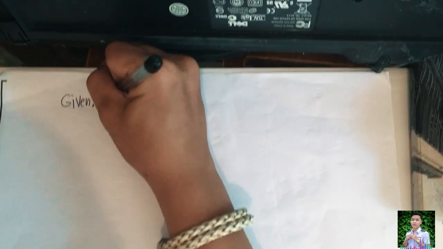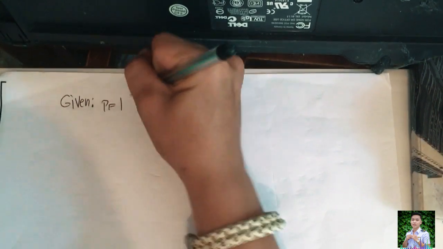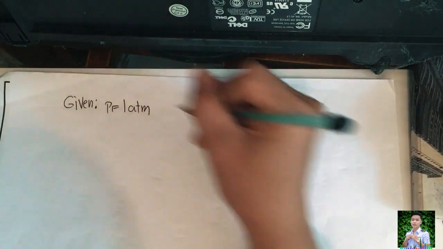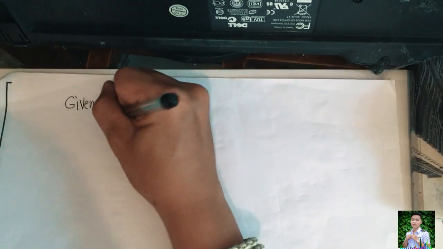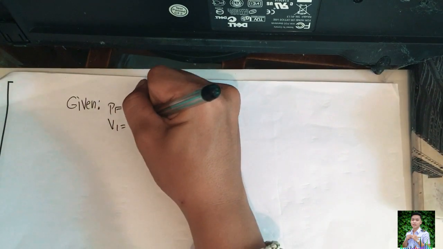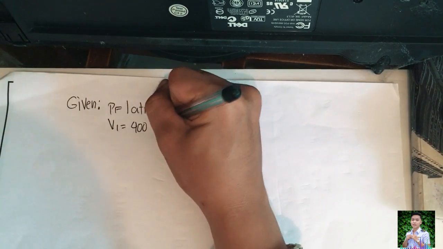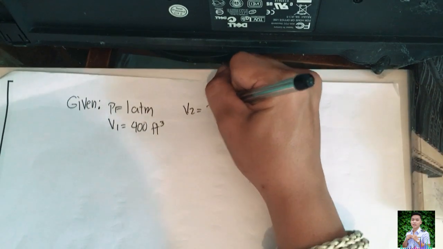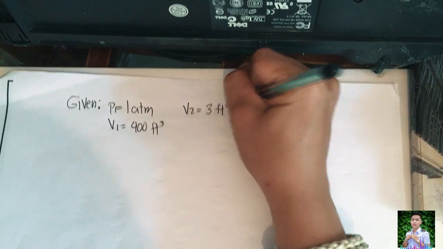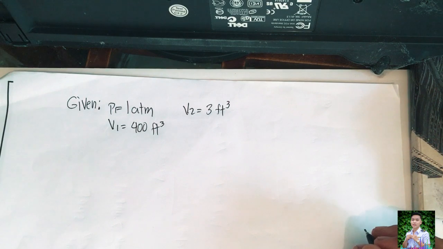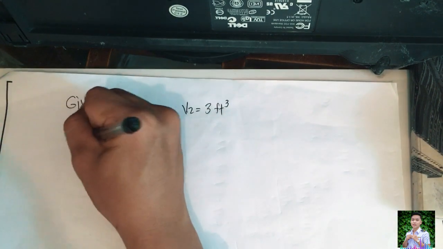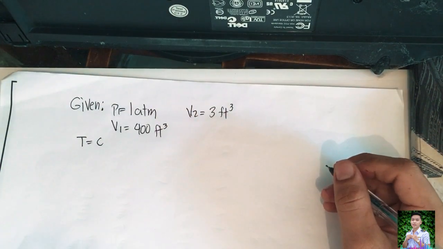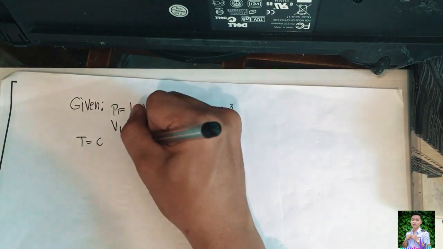P1 is equal to 1 atm. V1 is equal to 400 cubic feet. And V2 is equal to 3 cubic feet. Based on the problem, we can say that the temperature is constant. And P2 is missing.